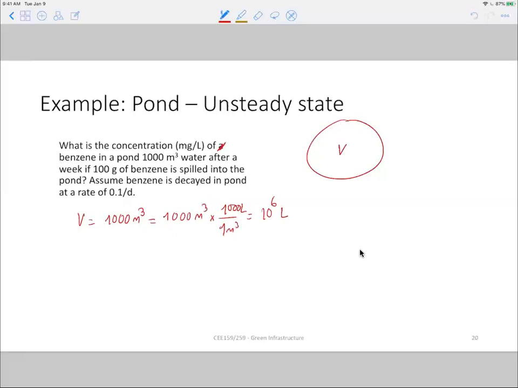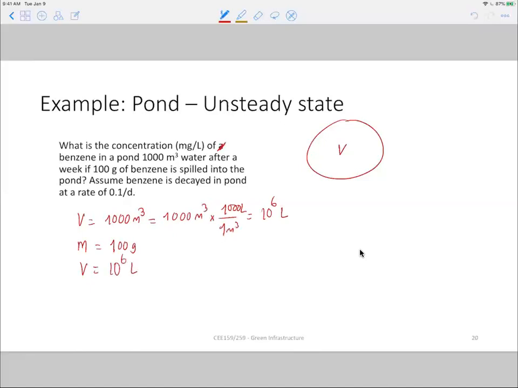You also have to know the initial concentration. That's not given, but you know how much benzene is added to the pond. So the mass of benzene is 100 gram. Volume of the pond is given, 10 to the 6 liter.